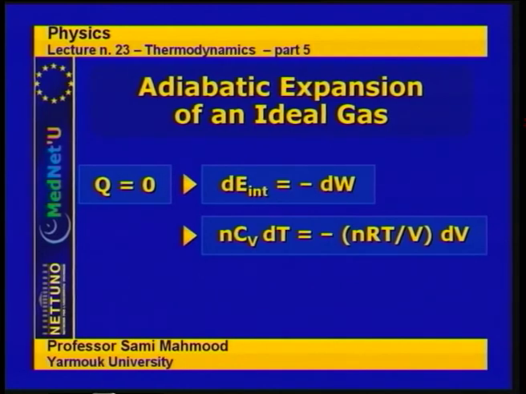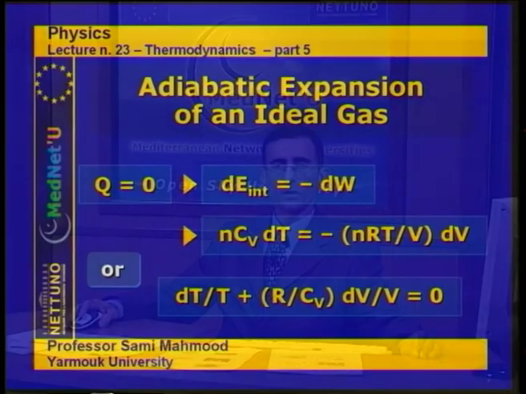And this would be equal to minus the work, which is P dV, and we replace P by nRT over V from the equation of state of the ideal gas. nRT over V, that's instead of P. And then we have this equation. We make this substitution in order to have the right variables which are necessary for performing the integration at a later stage.